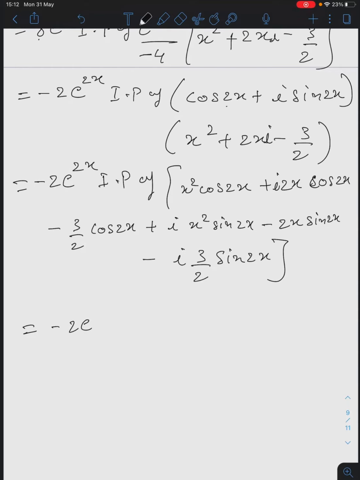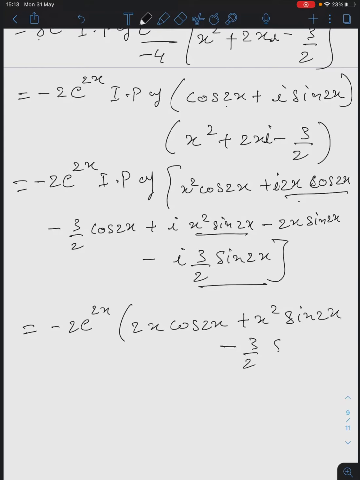Tell me. Which are the imaginary part? This is the imaginary part. This is the imaginary part. And this is also the imaginary part. Is it or not? Yes, ma'am. So the result will be 2x cos 2x plus x square sin 2x minus 3 by 2 sin 2x.